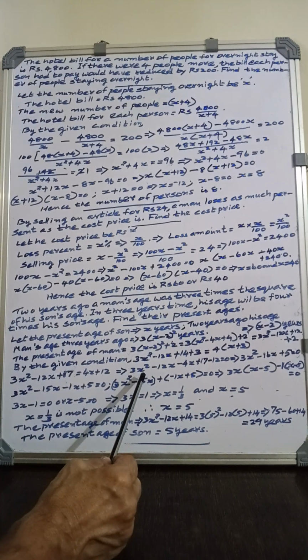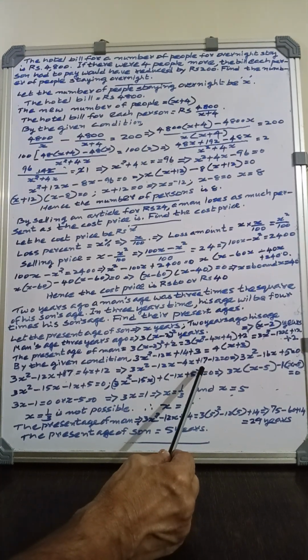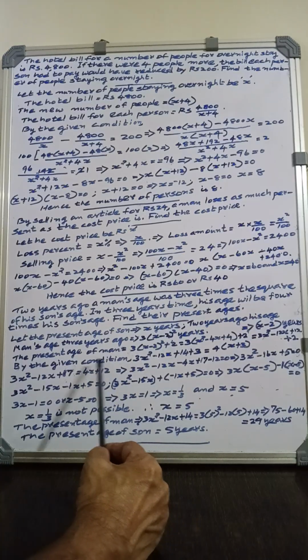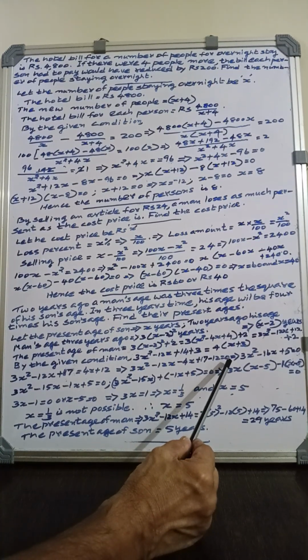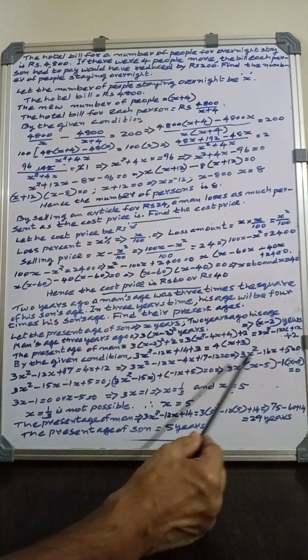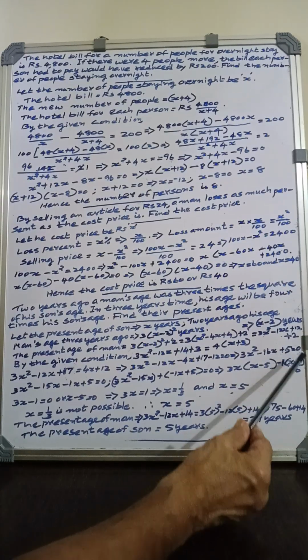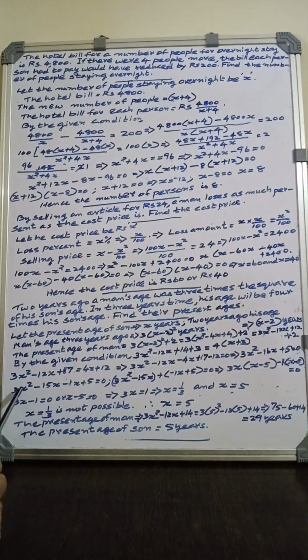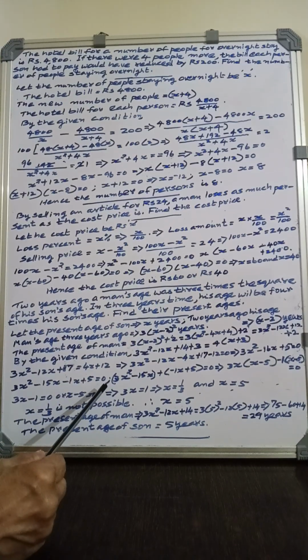That is 3x squared minus 12x minus 4x plus 17. This 12 comes to LHS as minus 12 equals 0. Therefore, 3x squared minus 16x plus 5 equals 0.